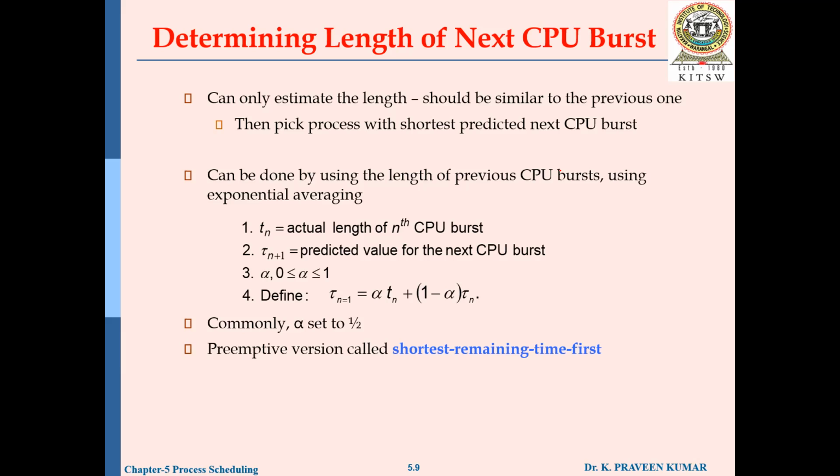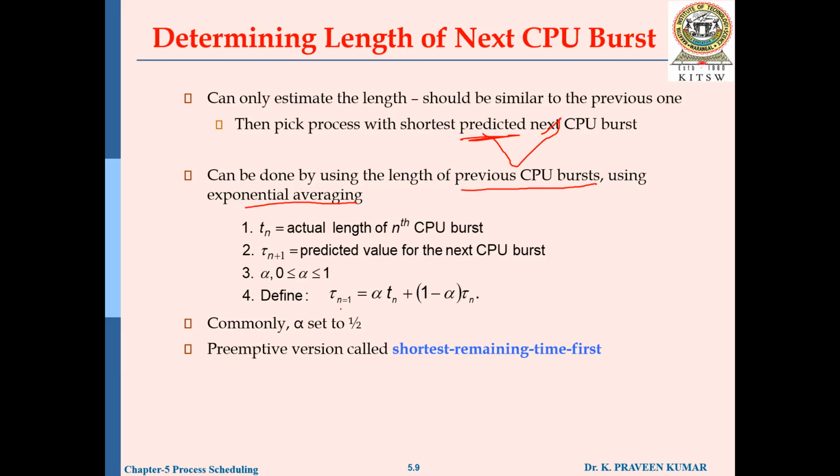Then you pick the process with the shortest predicted next CPU burst. So here you are going to predict, using the length of previous CPU bursts, by using exponential averaging.